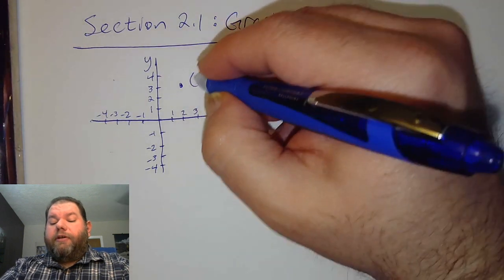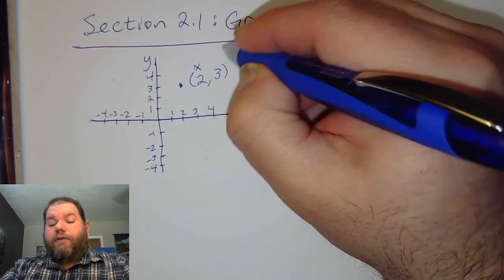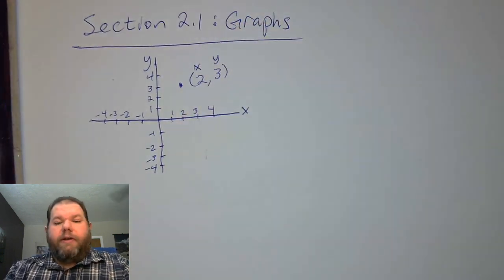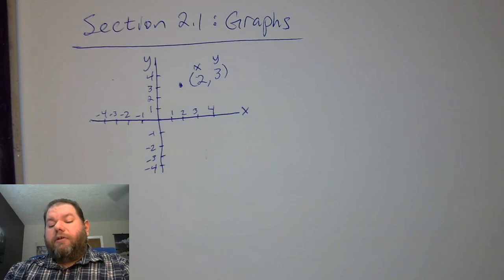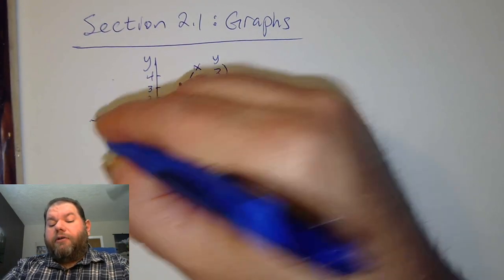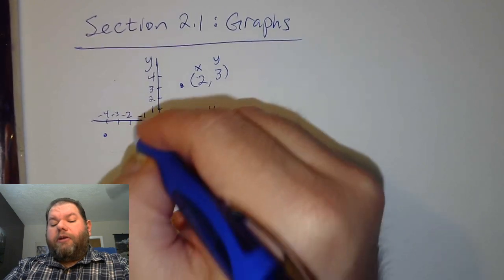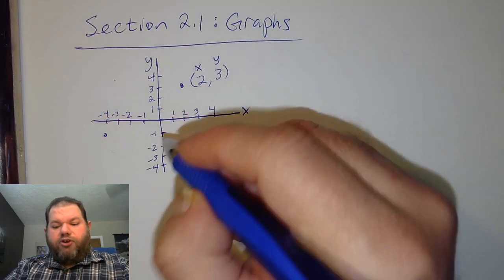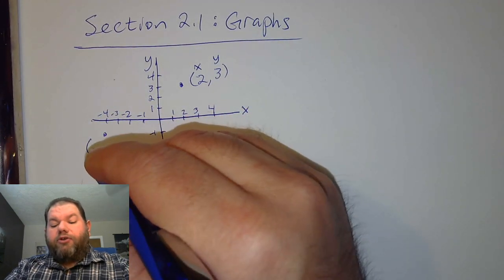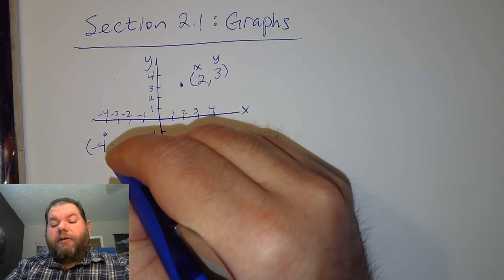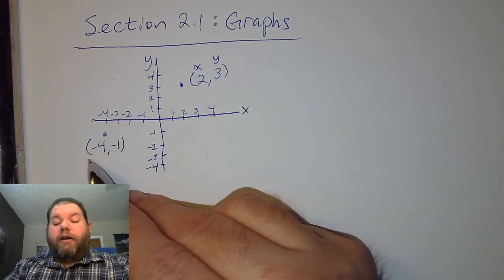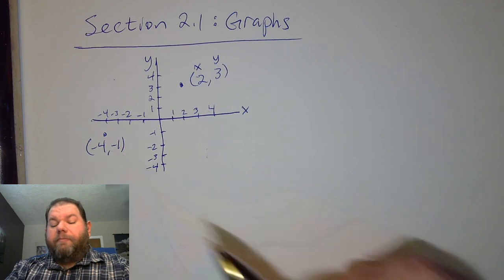We always put the horizontal distance x first and then the vertical distance y second. Likewise, a point over here would be -4 in the x direction and -1 in the y direction. So we can label that point (-4, -1).